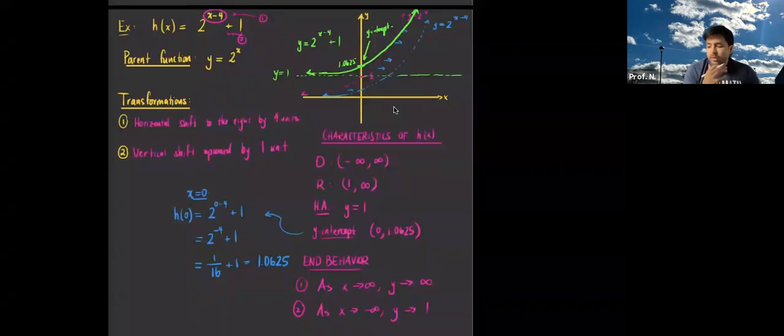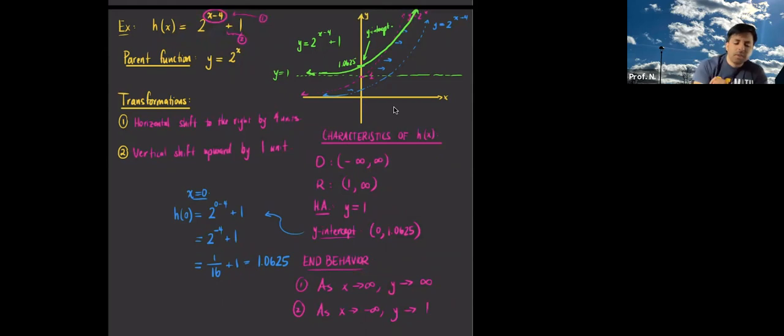Any questions about this? Any concerns, comments? Is this starting to make more sense? Like the whole transformations idea, how transformations are applied. If you get to see that connection between parent functions and how transformations are applied, then a lot of these problems become easier. When you see a function, you can determine, oh, I know exactly what it looks like, or at least I have an idea of what it looks like.